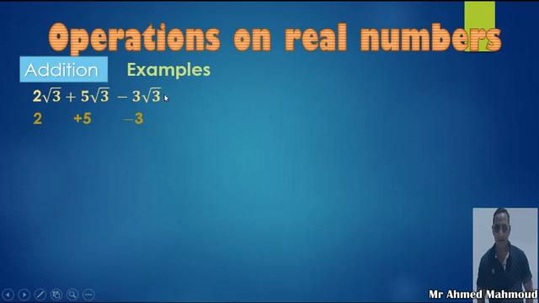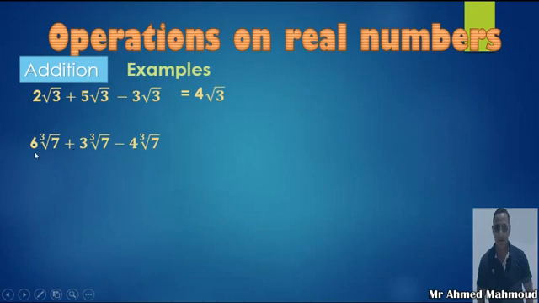Then we are going to write 4 in the answer like this, and then we are going to drop down root 3 here like this. Okay, again we add the coefficients, and then drop down the root.